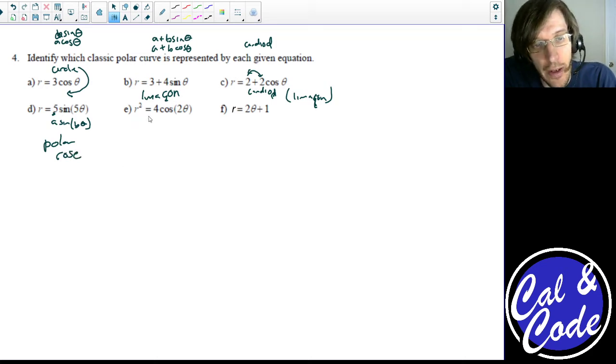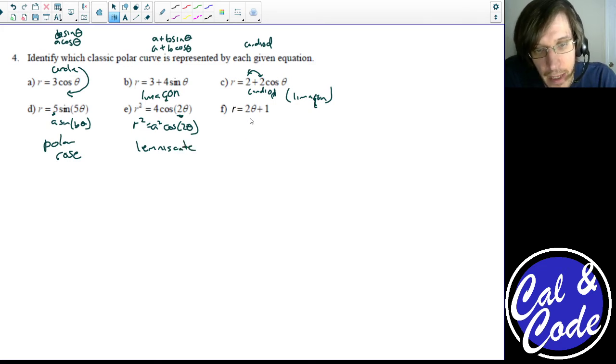An r squared equal to something of 2 theta, so r squared equaling a squared cosine of 2 theta or sine of 2 theta, is a lemniscate. And lastly, when you have r equaling a theta plus b, it is a spiral of Archimedes.